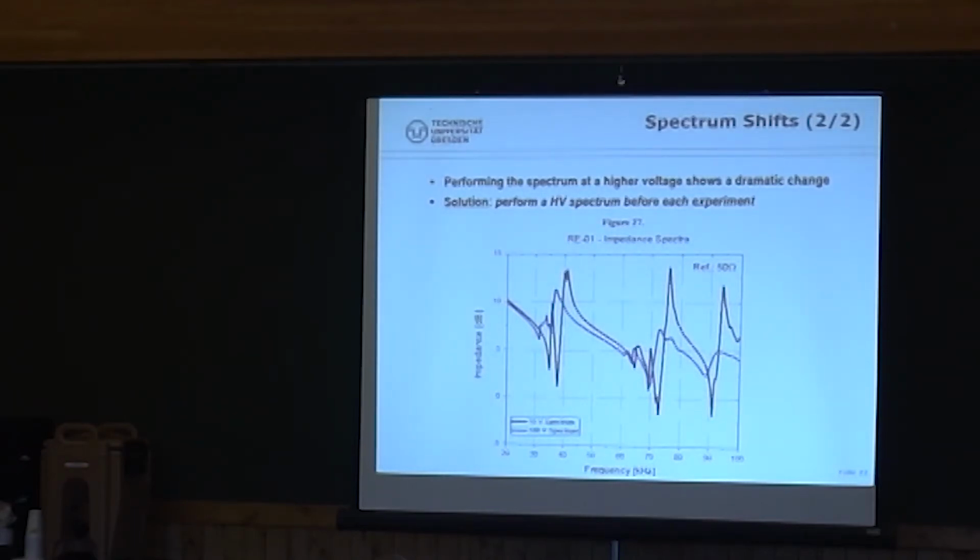Basically, what we have to take away from this is, if we do a frequency spectrum of the thruster at 10 volts versus a frequency spectrum of the thruster at 180 volts, then we have a dramatic change in the impedance spectrum. So much lower Q, a shift in the resonance frequencies, and also a relative shift between the individual frequencies.